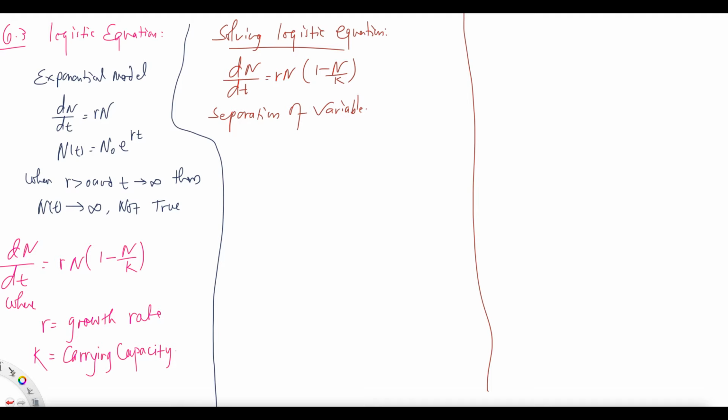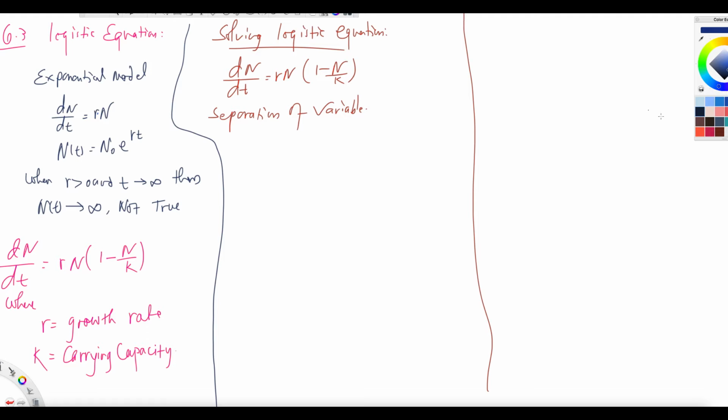We did some examples. And you see that in 6.1 we also discussed the exponential model, that is dN over dt equals r times N, right? How did we solve this? We used separation of variables here, right?